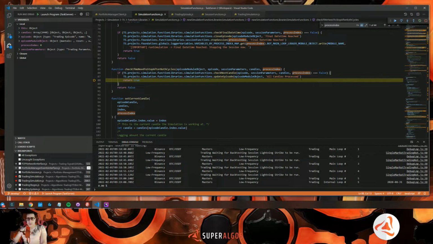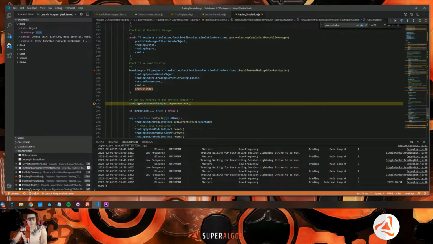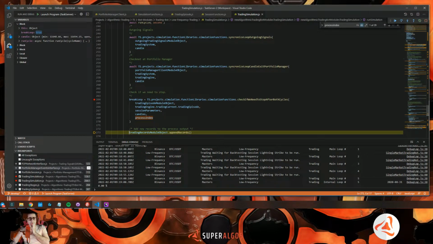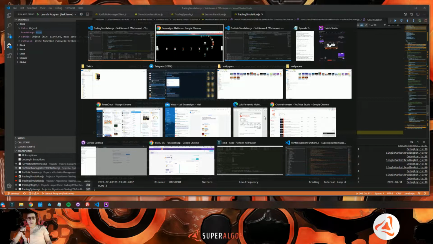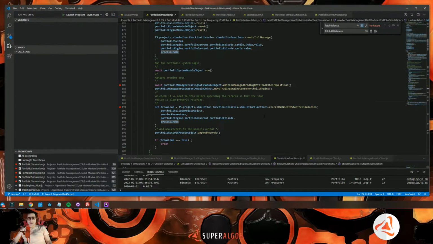Okay, I don't see that it updates anything critical, but somehow, okay. So what's the difference between this?